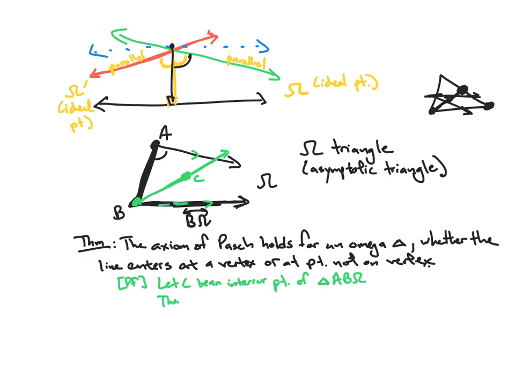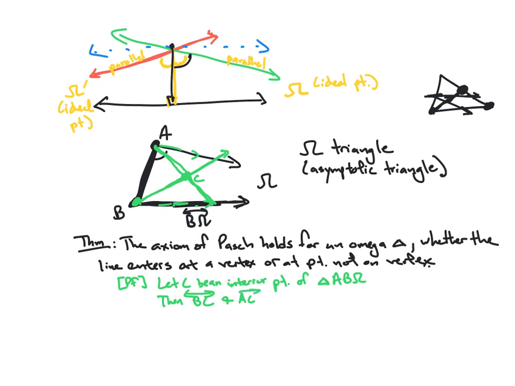So then, by the same argument, AC has to intersect B omega because A omega is the first non-intersecting line to B omega. So this is where this notion of parallel as using the first ones is helpful. Okay, the first non-intersecting lines.